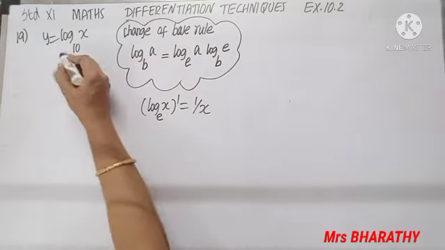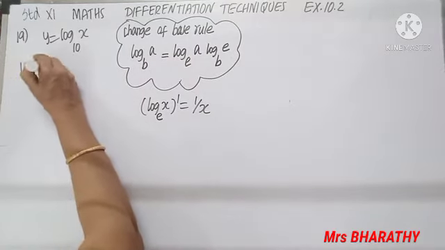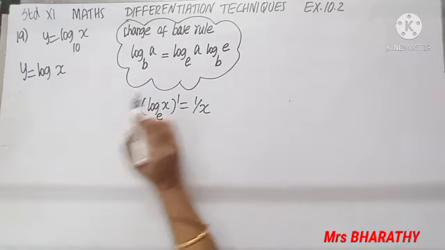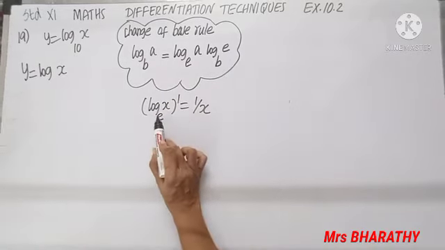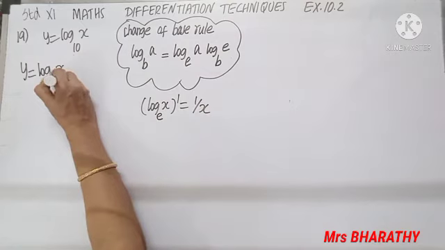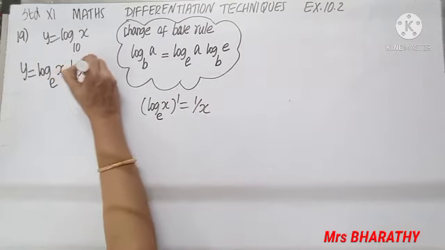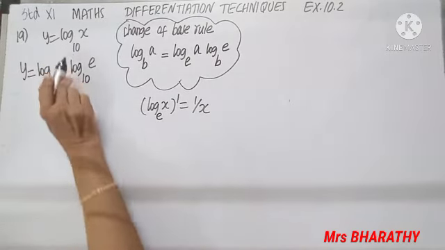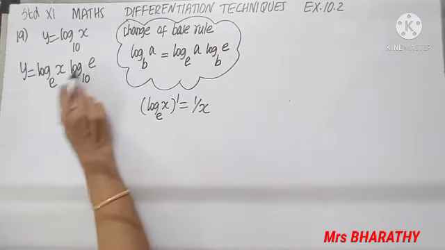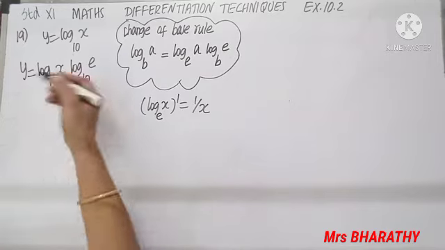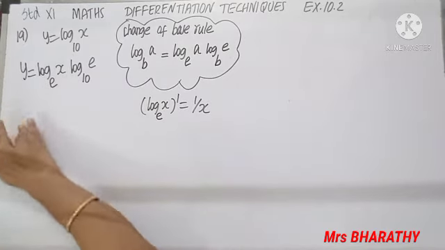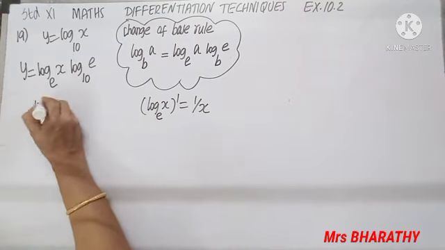So applying that here, y equals log x base 10 is there. But I want log x base e. So introduce base e and then you write e base 10. So the given 10 has come here, we have introduced e. The next step, I can write differentiate y with respect to x.